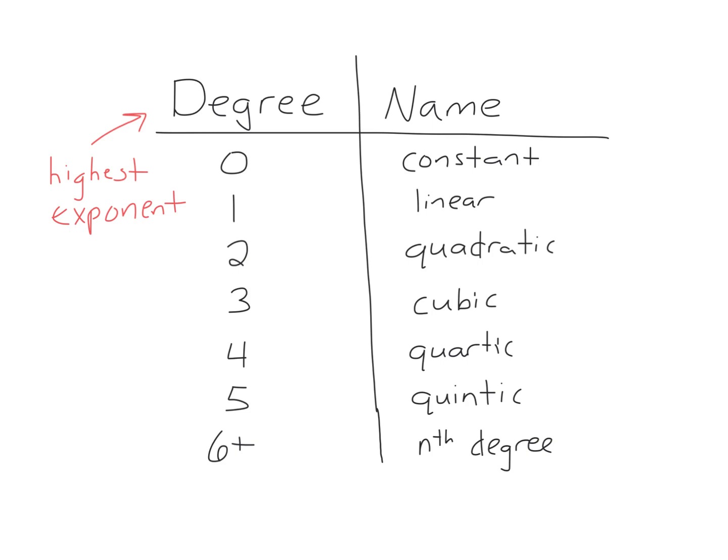If it has no exponent, it's a constant. If it has 1, it's linear. 2, quadratic. 3, cubic. 4, quartic. 5, quintic. And when it gets to 6 or higher, they just call it like the 6th degree or the 8th degree. So when you get to 6, there's no special name for it.